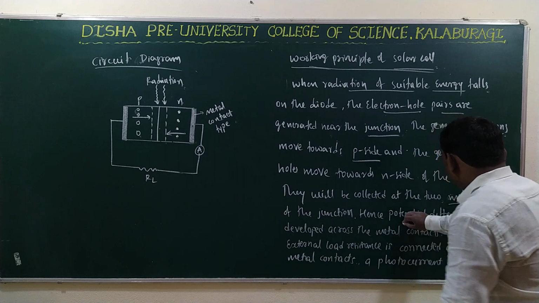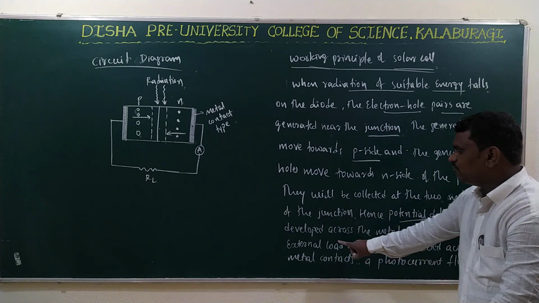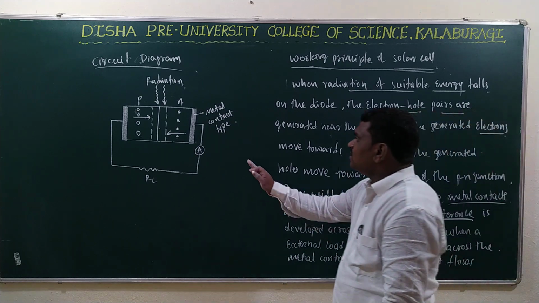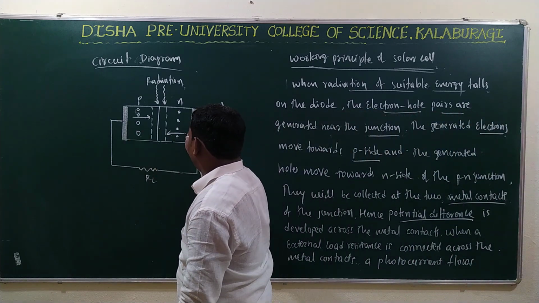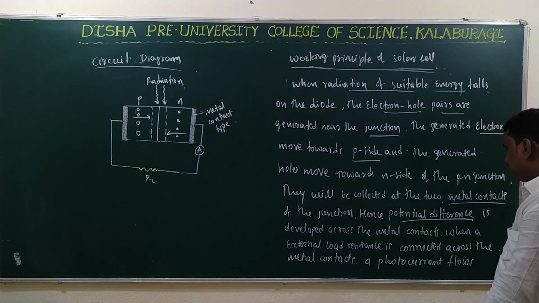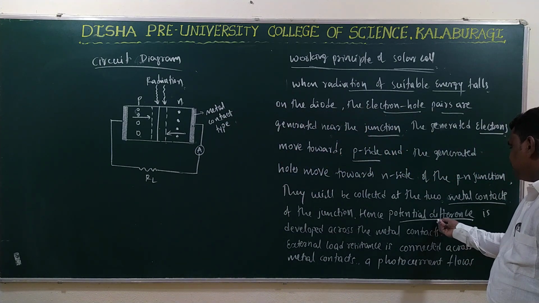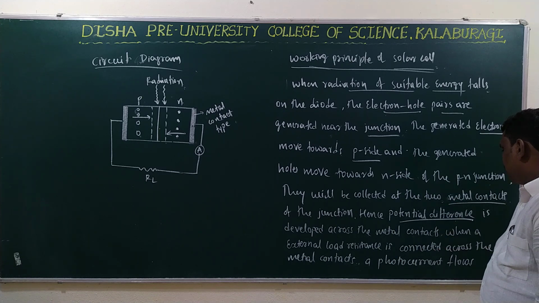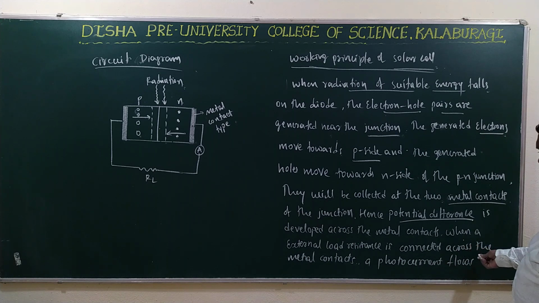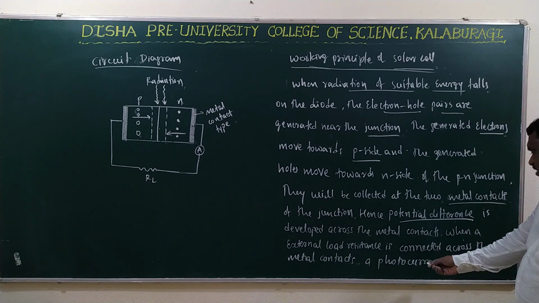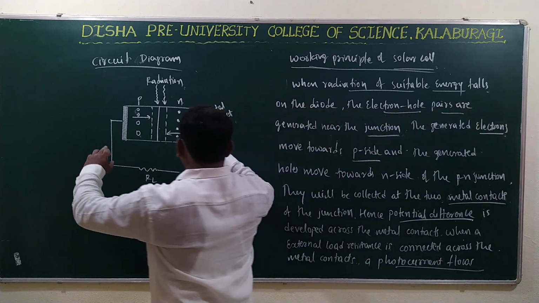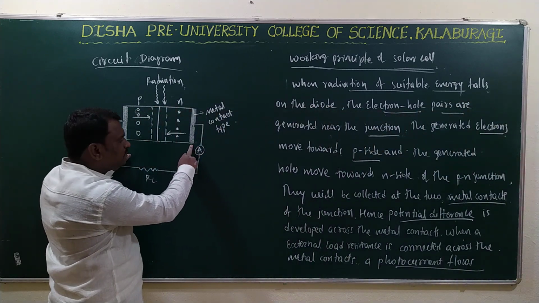Hence a potential difference is developed across the metal contacts. Next, when an external load resistance is connected across the metal contacts, a photo current flows through the two metal contacts, right?